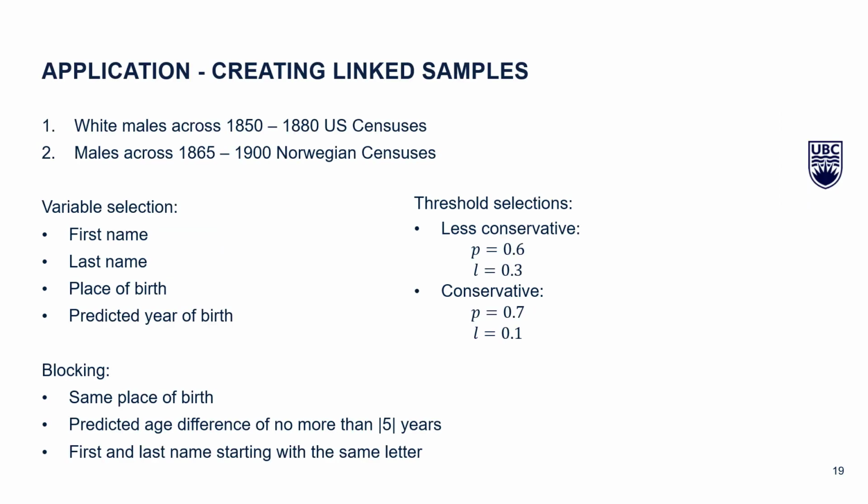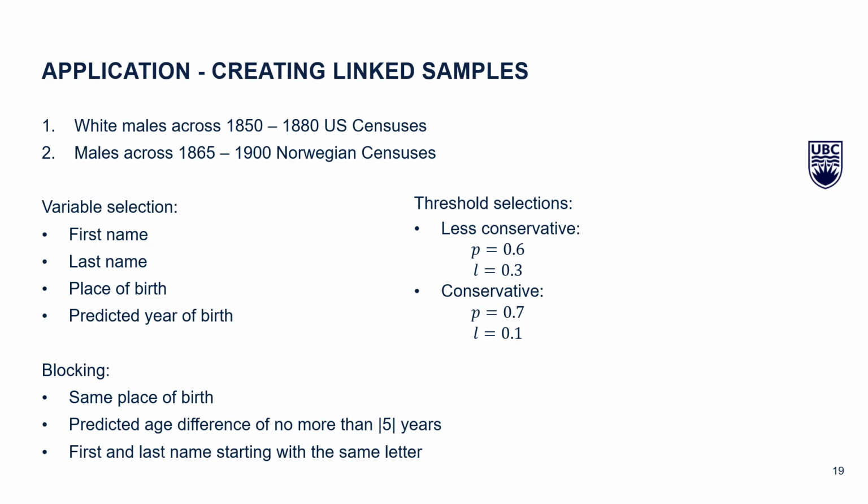In their application, the authors of this paper used two different sets of data. They looked at white males from the U.S. based on the 1850 to the 1880 census. And then they also looked at males from Norway based on the 1865 census to the 1900 census.